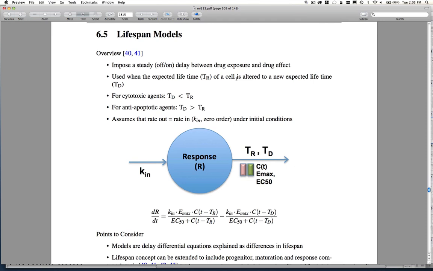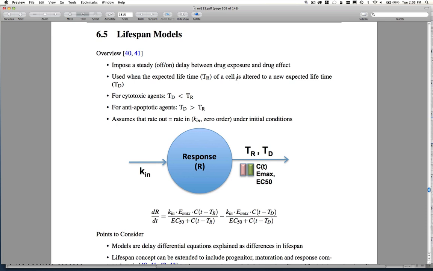So in last week's lecture, we had talked about different ways of developing these indirect or turnover models to describe tolerance development and a rebound. And we did that through the precursor pool type model.